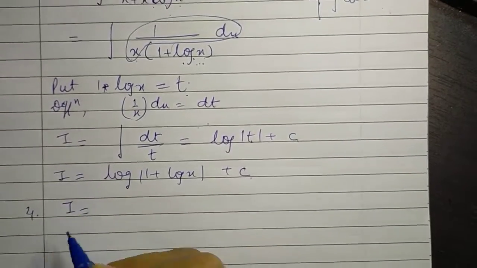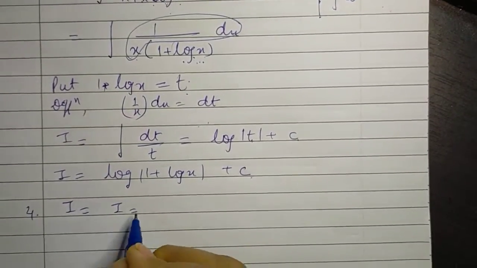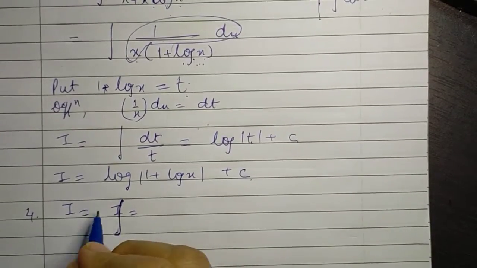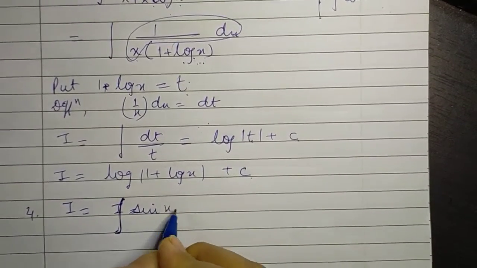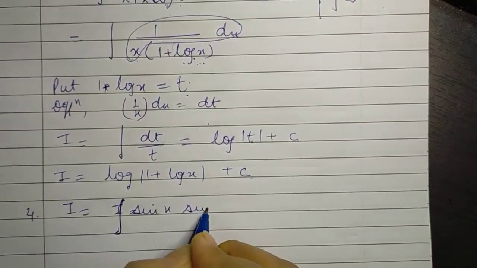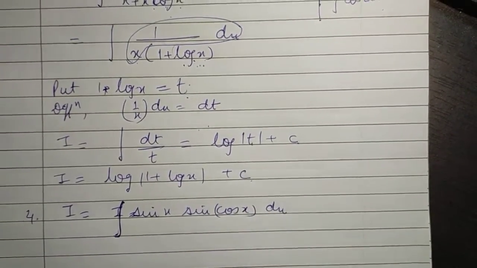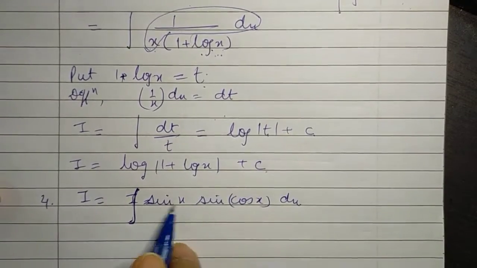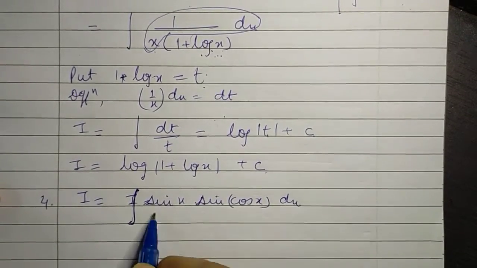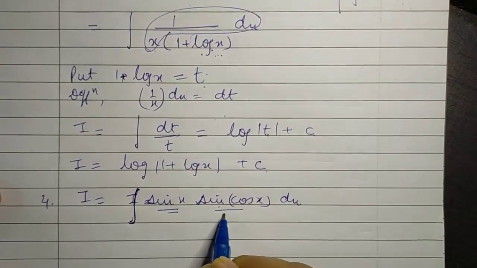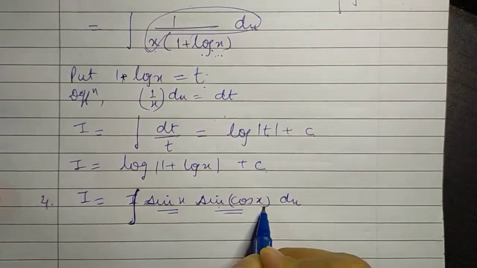In question number 4 we have I is equal to sin x into sine of cos x into dx. Now here it involves a product of two functions. One is sin x and one is sine of cos x, which is a function of a function.